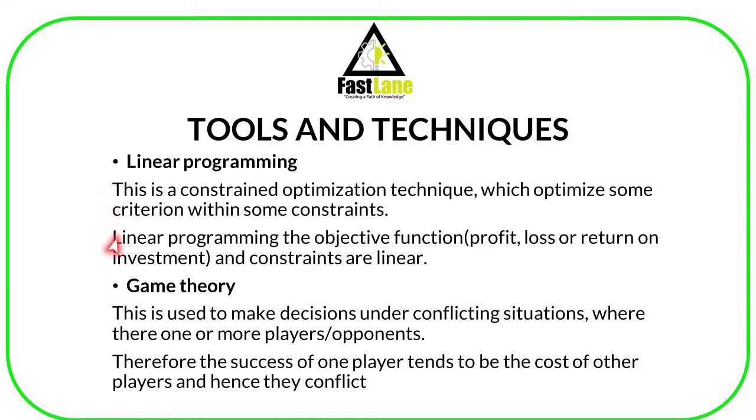Linear programming has an objective function. What is the objective function? One of the objective functions we have is profit, loss, or return on investment. And we need to know that such constraints are linear. That is linear programming.